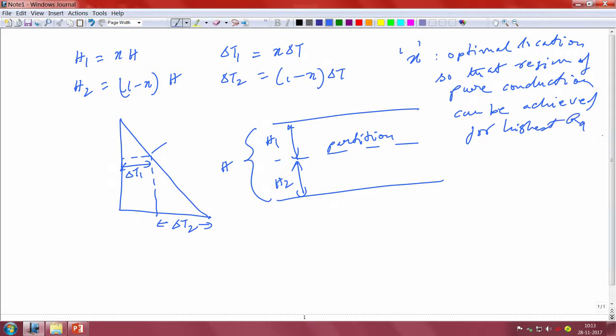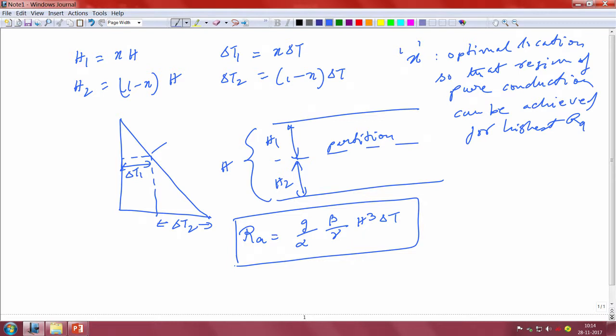So, basically the highest Rayleigh number, and Rayleigh number is defined as what? Ra equals g alpha beta by gamma H cube into delta T, that is the Rayleigh number's definition, right. Now, this is the external Rayleigh number based on the overall height, and the overall temperature difference.